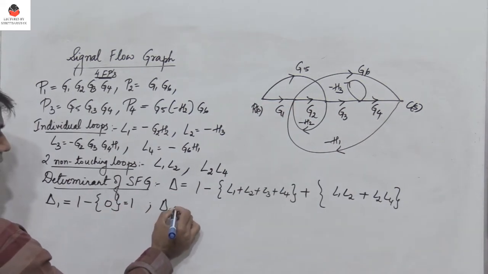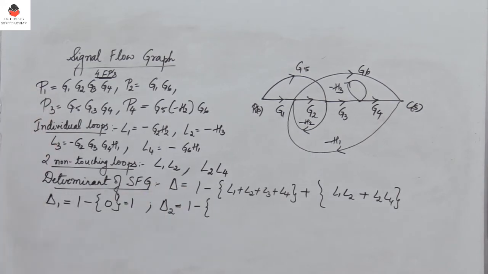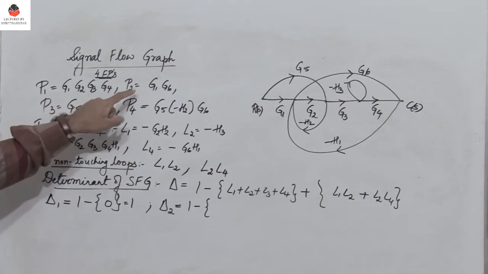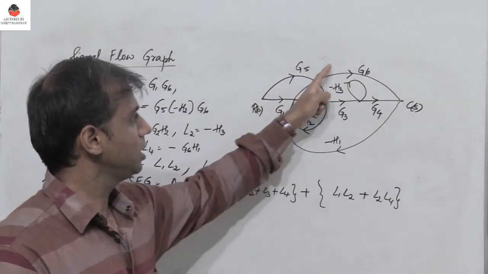Next, let me consider delta 2. Again I have 1 minus all the loops which do not touch P2. So what is P2? This is G1 into G3.